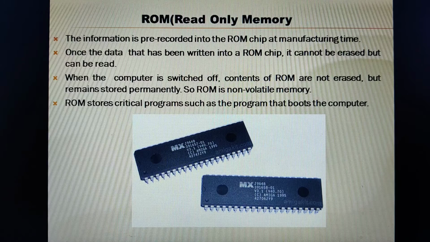This ROM chip consists of the instructions for bootstrapping, that means the self-starting process where the computer loads all the basic software into the computer memory once after the power supply is on. That process we usually call booting the computer system. So such kinds of critical programs have been stored into the read-only memory. I hope you are able to understand.